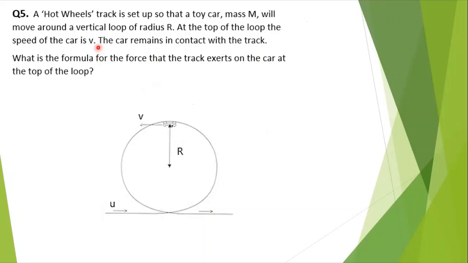At the top of the loop, the speed is v. It's coming in with a speed u. What is the formula for the force that the track exerts on the car at the top of the loop? In other words, at the top of the loop, what is the normal reaction force?